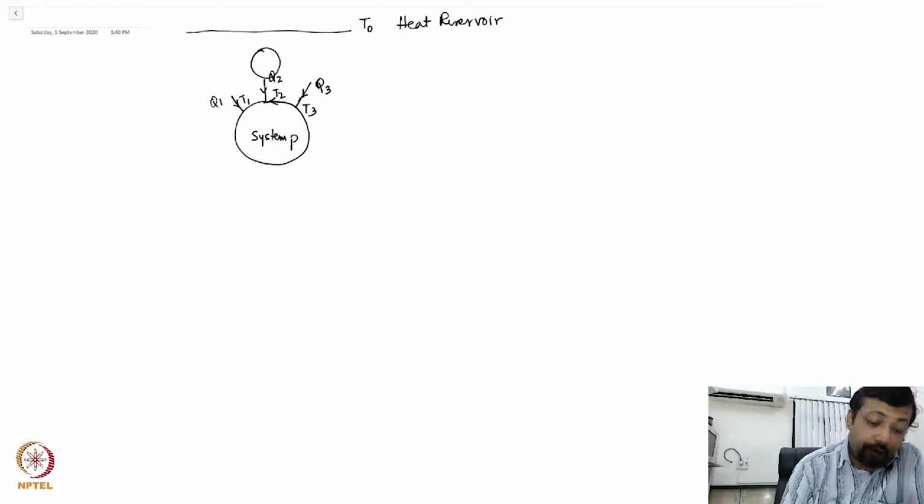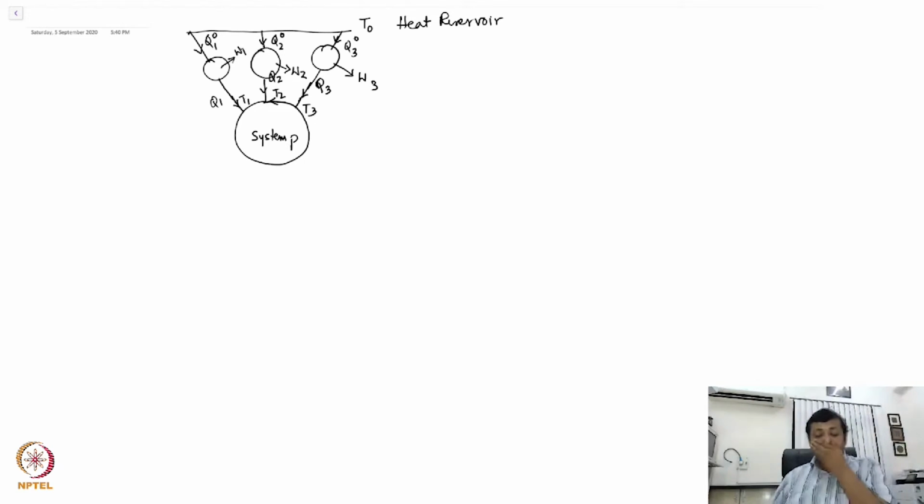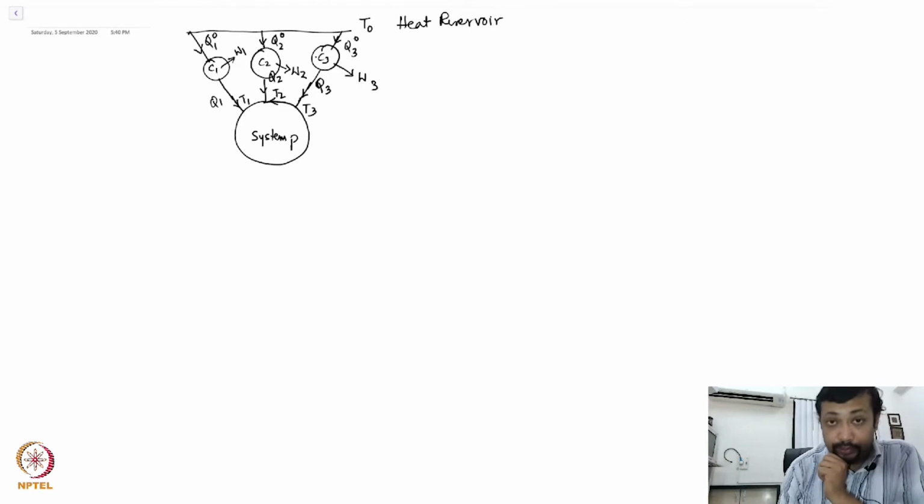Here I operate a Carnot engine which extracts Q10 amount of heat, here one which extracts Q20, and here one which extracts Q30, doing some work, and so on and so forth. These are all my Carnot engines, and there is no loss of generality in writing it this way. Now I want to look at the energy conservation.